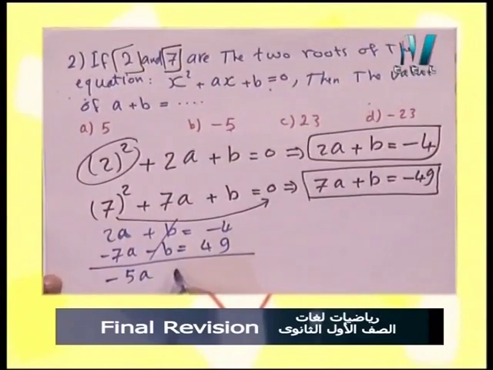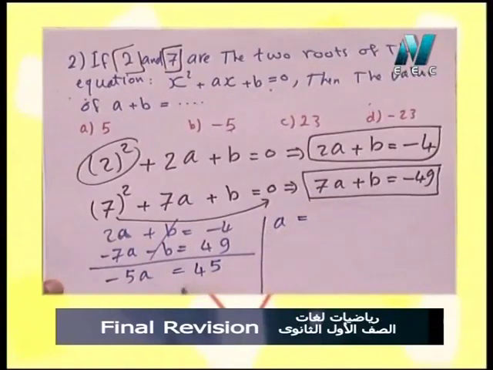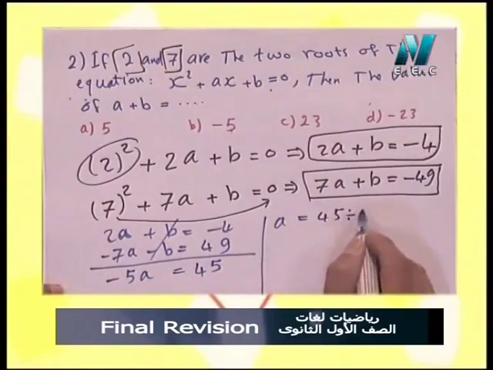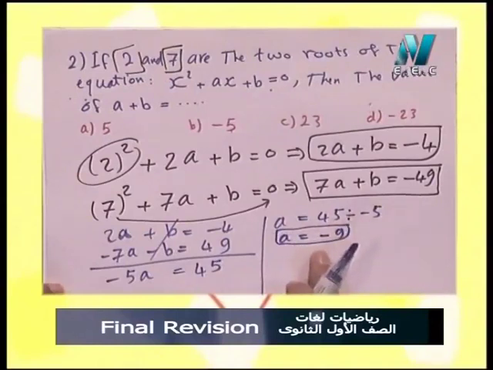We have here negative 4 plus 49 equals 45. And to find a here, we divide 45 by negative 5. 45 divided by negative 5, then a equals negative 9. We have one of the variables here.